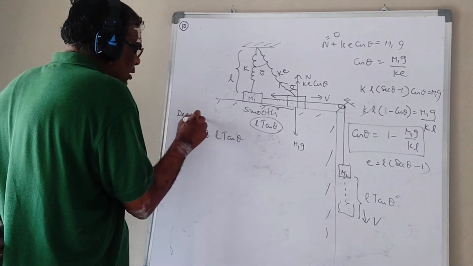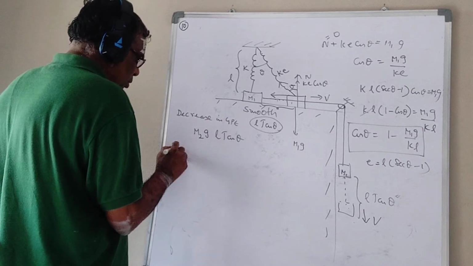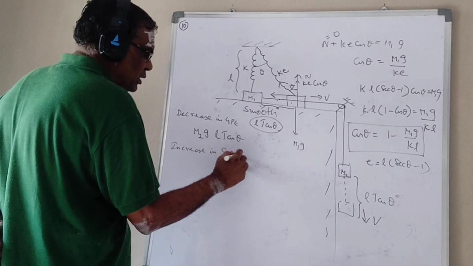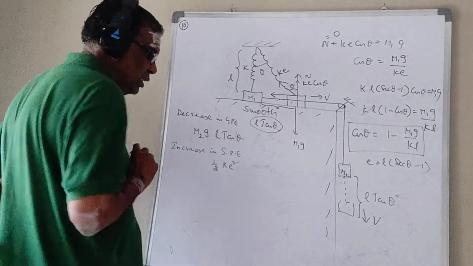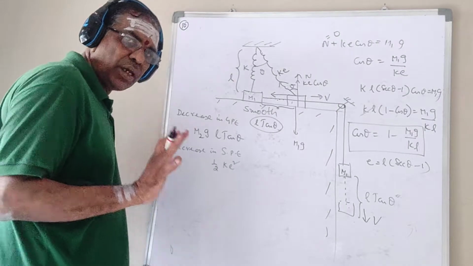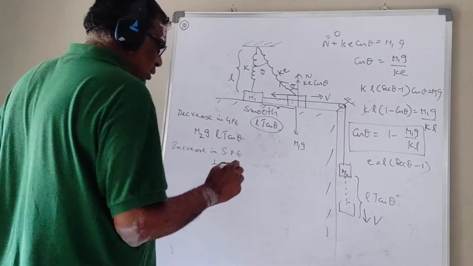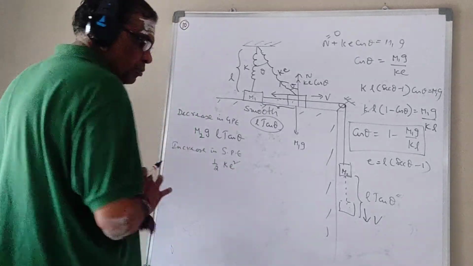Decrease in GPE, increase in spring potential energy of half k e square. Okay?